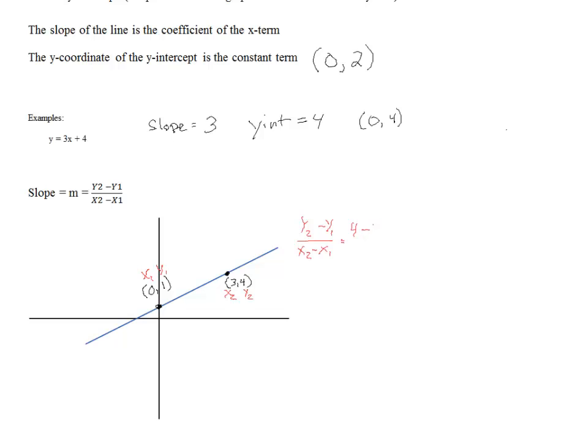So 4 minus 1 over our x2, which is 3, minus 0, our x1. So 4 minus 1 is 3, and 3 minus 0 is 3. And if we simplify, 3 over 3 is just 1. So our slope would equal 1.